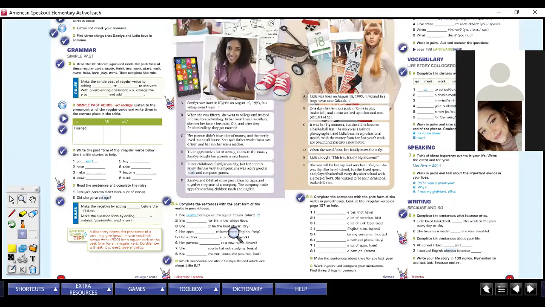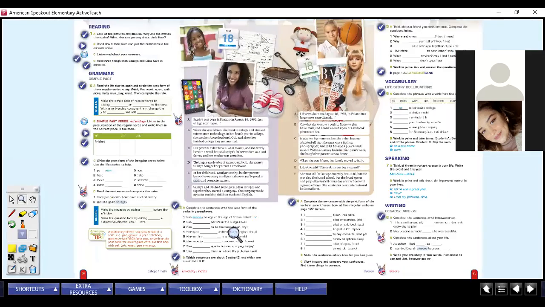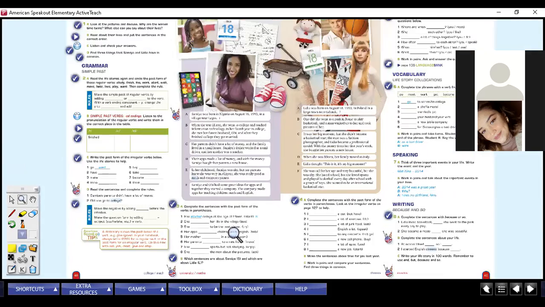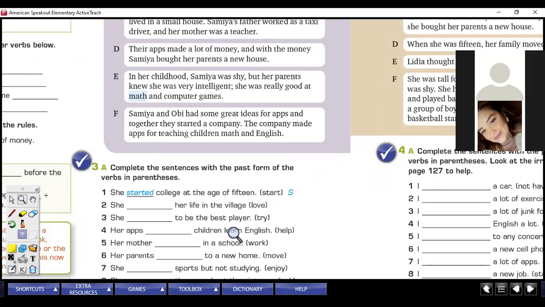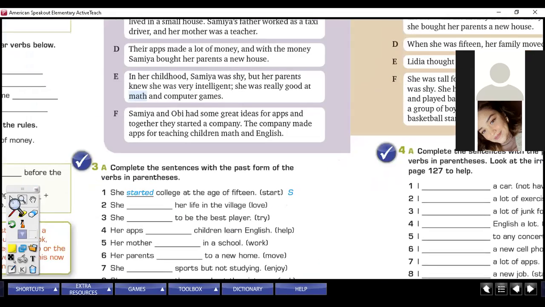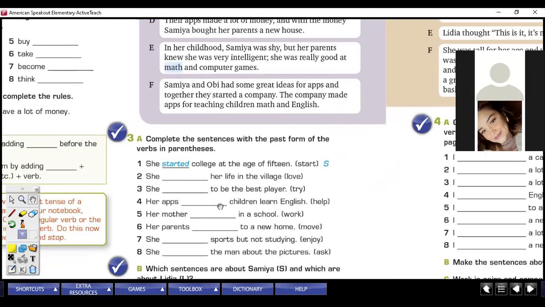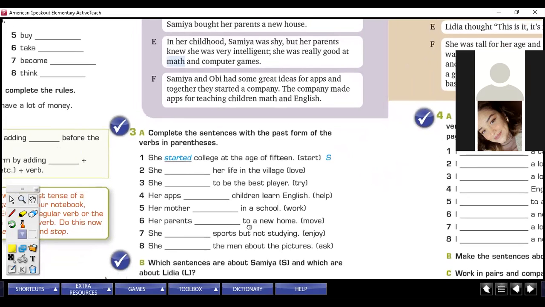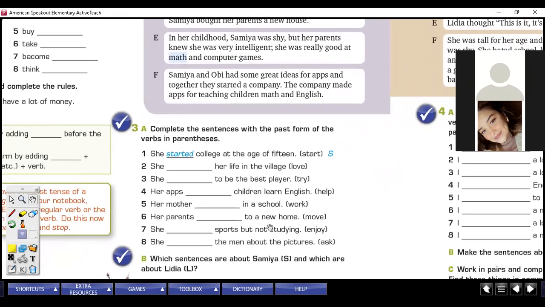In parentheses, I have the verb that I have to change into past. And after each verb, I have to say, okay, this belongs to Samia with S or L for Lydia.